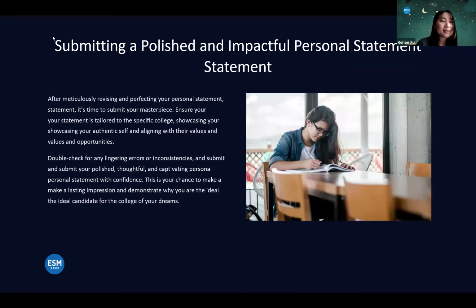Awesome. So, submitting the polished and impactful personal statement. After revising and perfecting your personal statement, you have to submit the masterpiece. You want to make sure that your statement is tailored to a specific college.